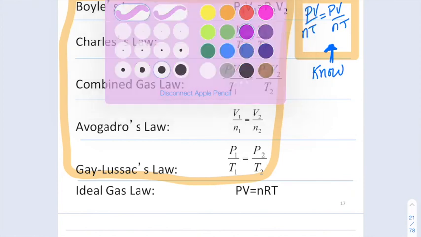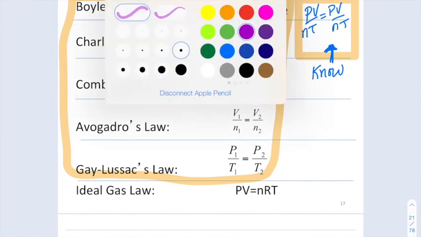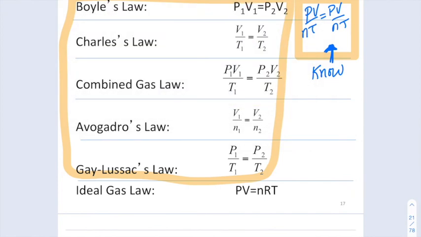So just to give you an example, let's say you have a problem in which the number of moles doesn't change and the temperature doesn't change. You are left with Boyle's law, PV equals PV. So that's how that equation is going to work. And again, we're going to get more practice next class. But I wanted to ease your mind a little bit and let you know you didn't have to memorize all those individual laws.